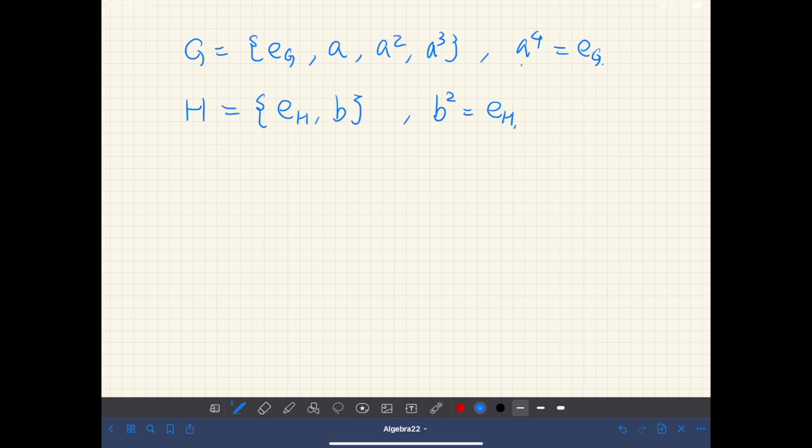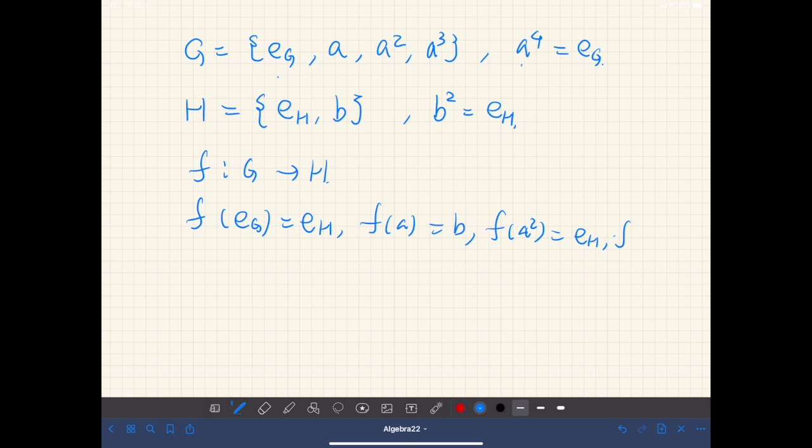Then let's define a mapping from G to H by the following rules. So f of e_G is equal to e_H, and f of a is equal to b, and f of a squared is equal to e_H, and f of a cubed is equal to b.